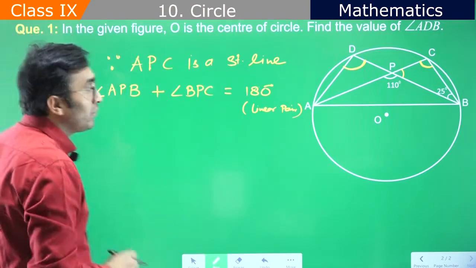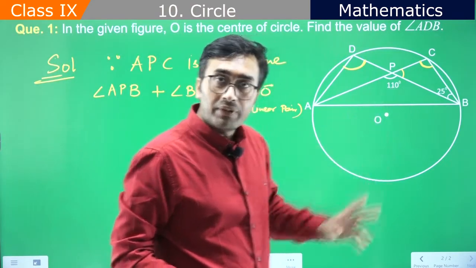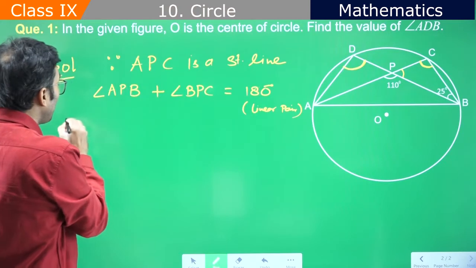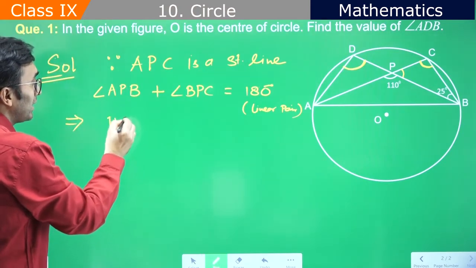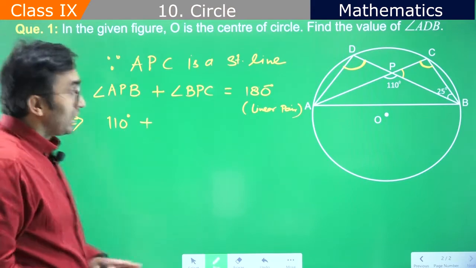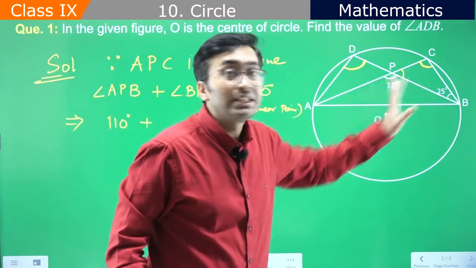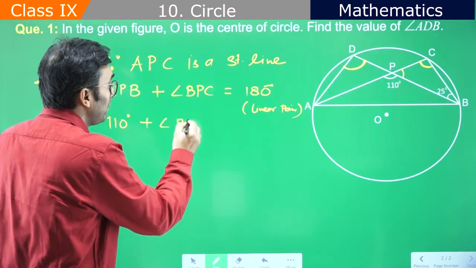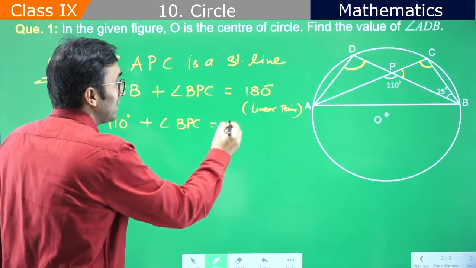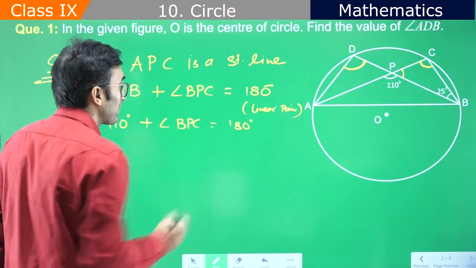Now the value of APB is given already, that is 110. So we can substitute the value here as 110 degree plus the angle BPC. BPC is not given, so keep it as it is, and this is 180 degree.